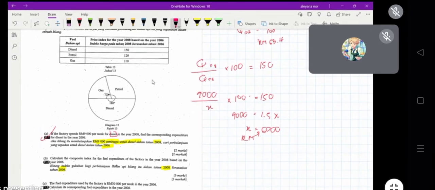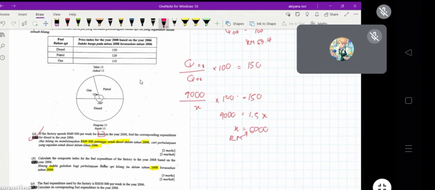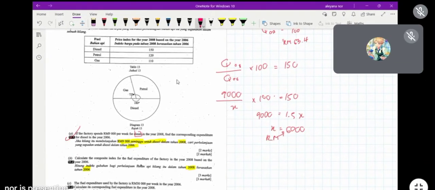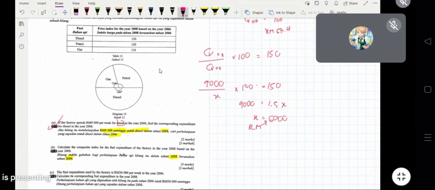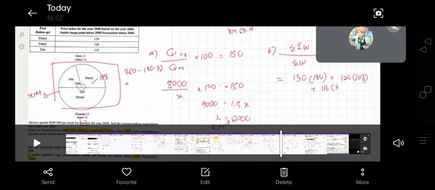The problem is that, as you can see, in the pie chart over there, petrol doesn't have a number, so we have to find petrol. How do you do that? You take 360, which is the whole angle of a circle, minus 180 minus 72.